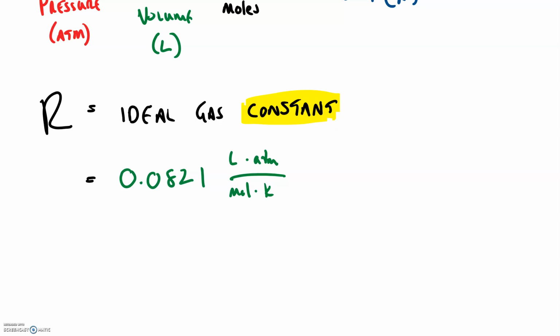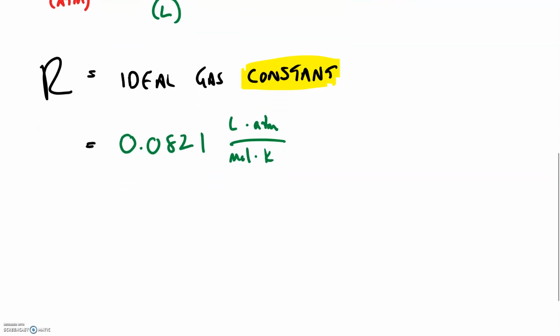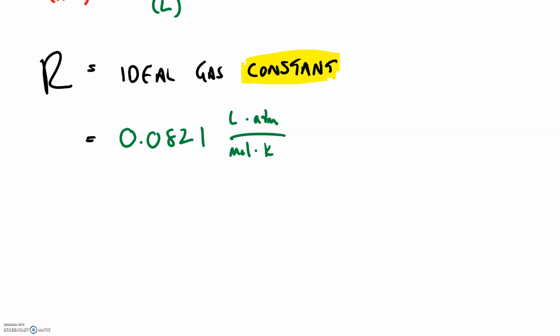So let's take an example of how we're going to use this equation. And you're going to want to be able to flip this around. What I mean is, if you know that PV is equal to nRT, you're going to want to be able to find each of these variables. So if you're trying to find P, you would divide both sides by V, and that would look like this.